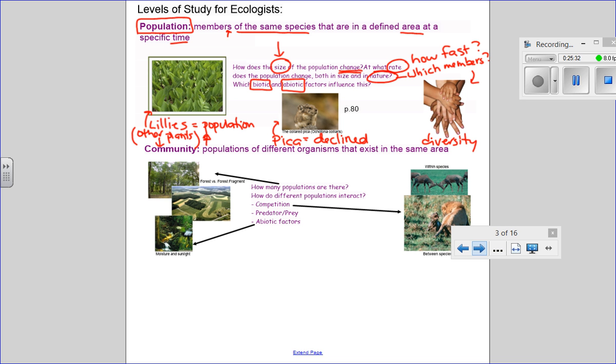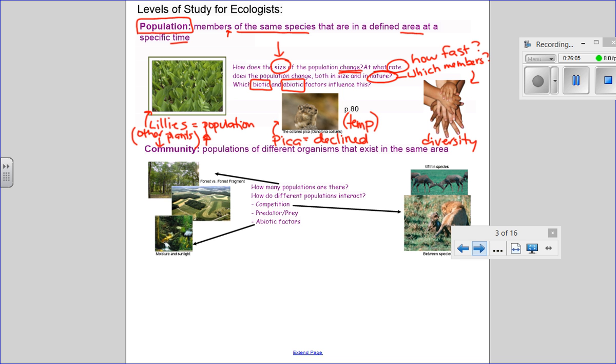That would be a biotic factor. For the pika, it would be temperature that we hypothesize is causing some of the decline. So that's an abiotic factor. And the diversity of a population would be due to a number of things. I would say the diversity of the human population is due more to biotic factors than abiotic factors because it's about reproduction and choice and things like that.